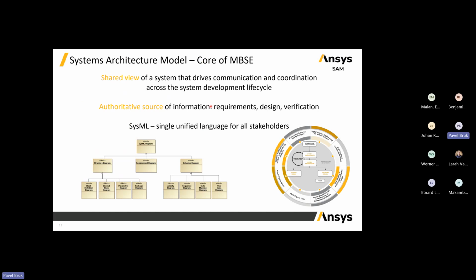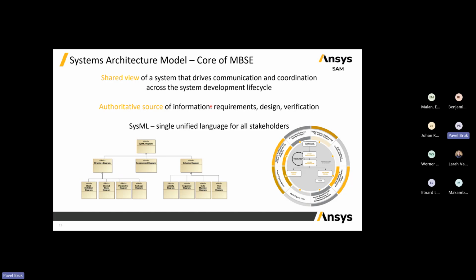So what are we actually offering in this context? Let's start from the system architecture model, of course, because we just discussed that the system architecture model is the core of the model-based systems engineering approach. We need to create a shared view of a system using a unified language, which is understandable for all stakeholders and which will serve as an authoritative source of information, of requirements, of design, verification, and so on.